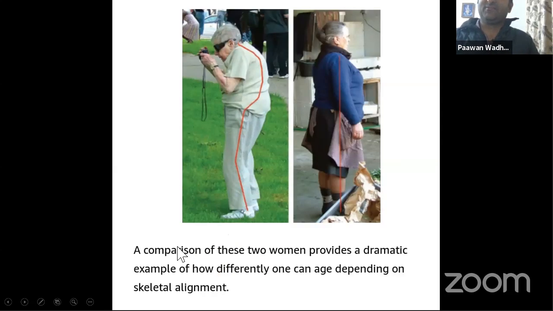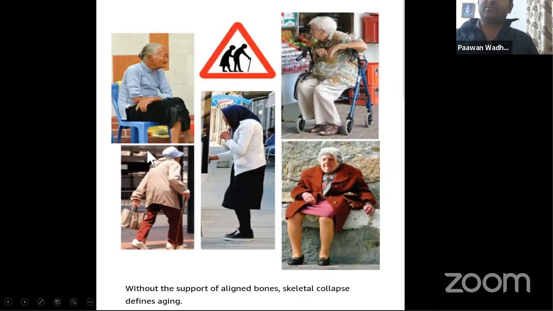A comparison of these two women provides a dramatic example of how differently one can age depending on skeletal alignment. So proper, free of diseases; full of diseases, improperly aligned spine. Without the support of aligned bones, the skeletal system gets collapsed, and that defines your aging.